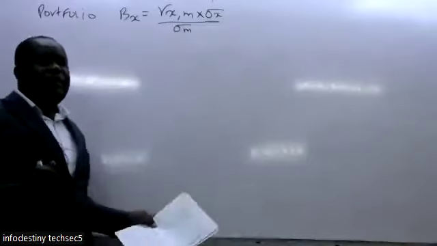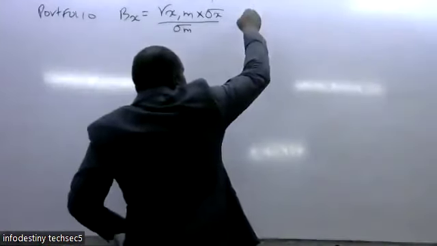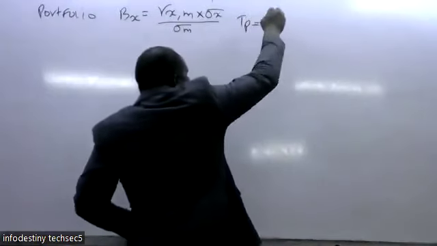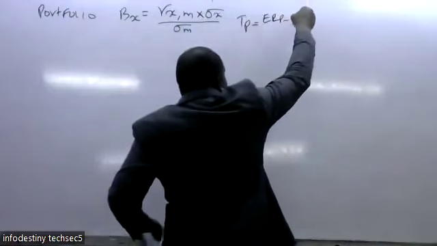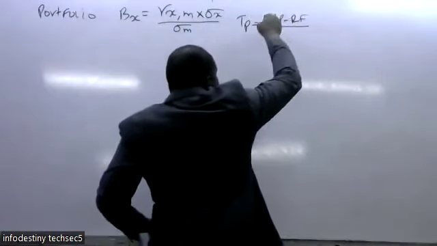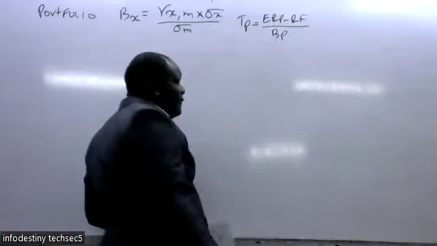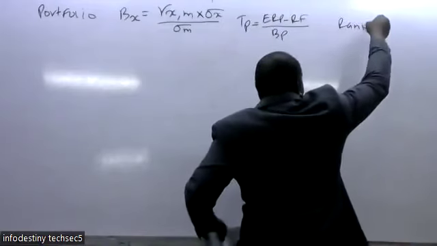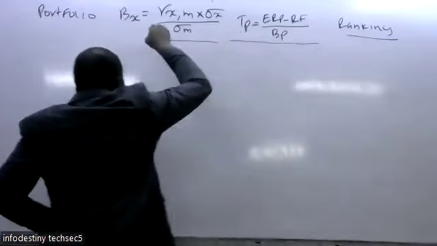Once we get that beta factor, now you come here, you get the Treynor ratio of the portfolio, where we have said it is the expected return of the portfolio minus the risk-free rate, now divided by the beta factor of that portfolio. Then you will do the ranking from that arrangement.